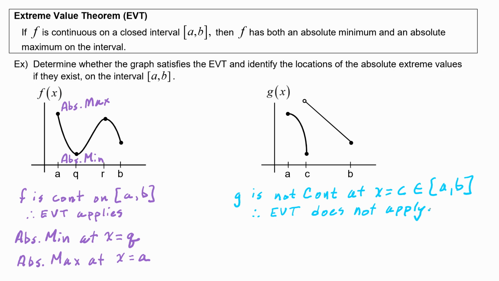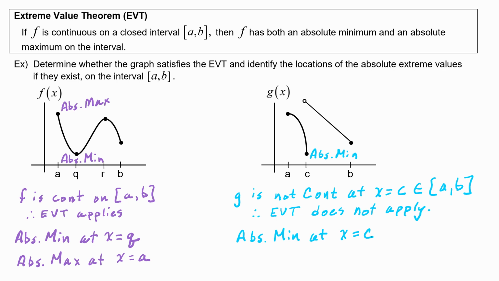And in fact, looking at the diagram, we see that there is a smallest y value. So that means this will be the absolute min. So there is an absolute min at x equals c.